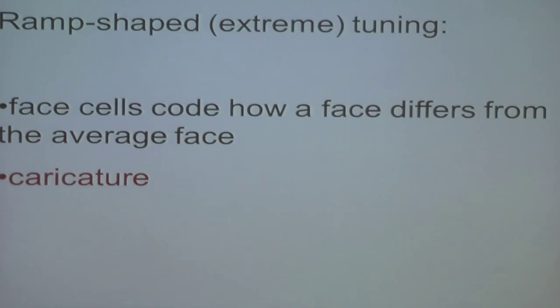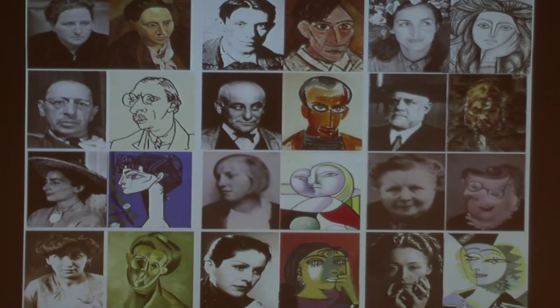And of course, that's consistent with caricature, right? What's a caricature? You take a face, you say, how does it differ from the average, and then you exaggerate the difference. So essentially, face cells are saying, what's distinct about this face, and kind of making a caricature of it. You can see this in the work of artists. These are some portraits by Picasso.